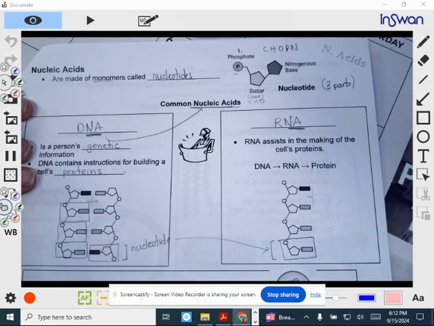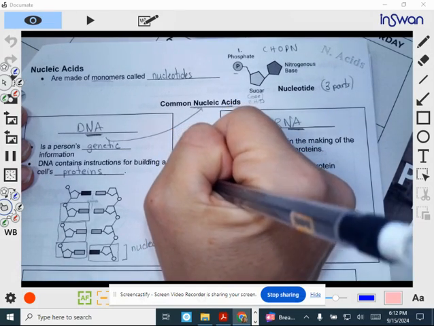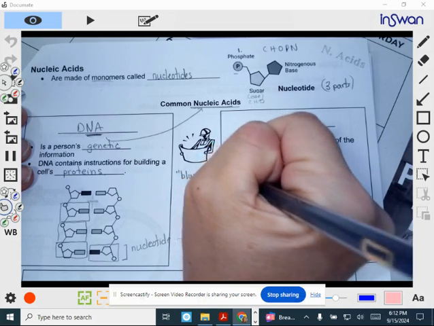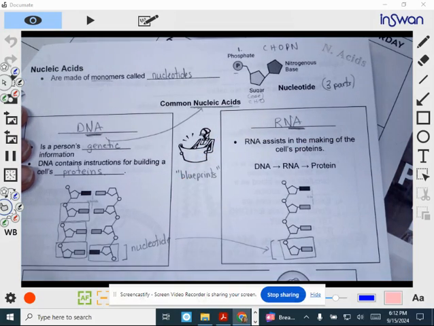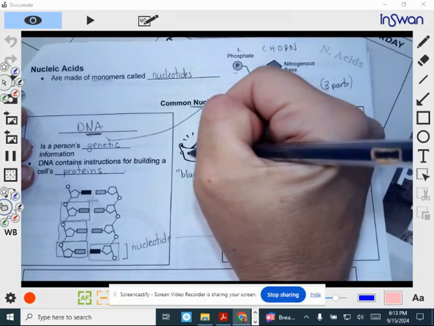So DNA is really just the instructions, or sometimes we say DNA is the blueprints because it tells your cells how to build every protein that you need for your different structures, for your different reactions. So when I think of the DNA, I think of it's just the instructions.